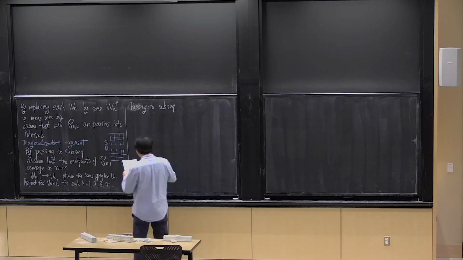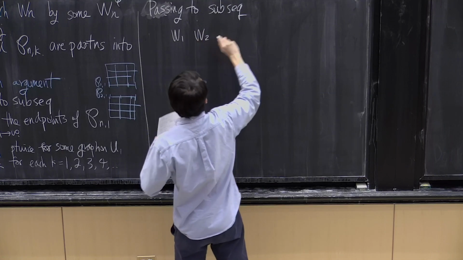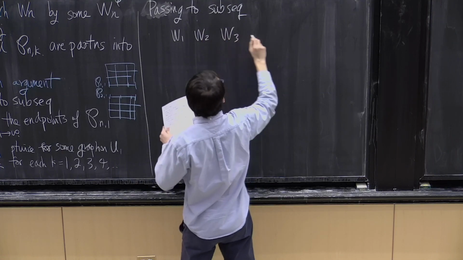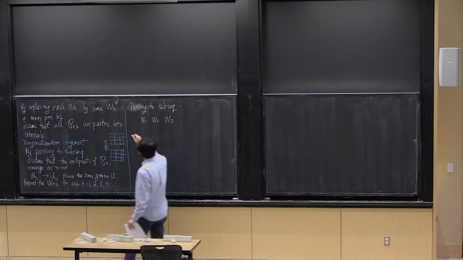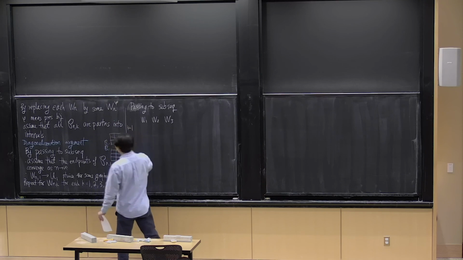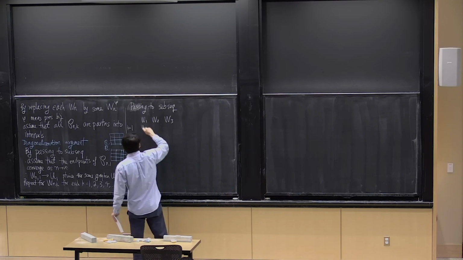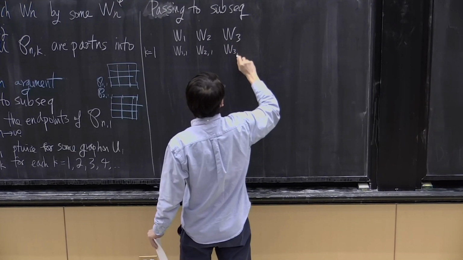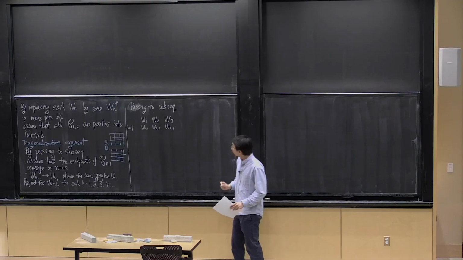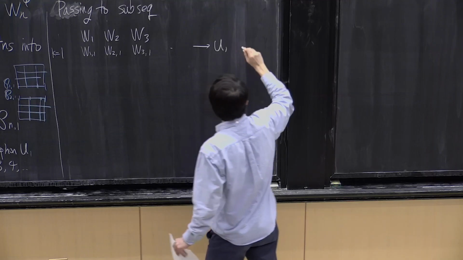So we now pass to a sequence W1, W2, W3, and so on, such that if you look at the first weak regularity partition, they produce W11, W21, W31, and so on. And these converge to U1 pointwise.